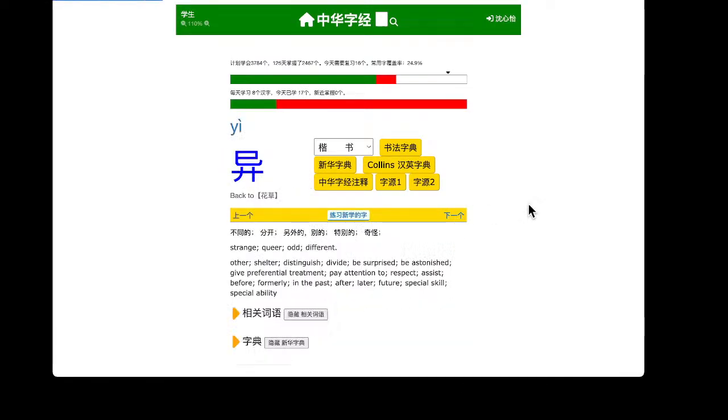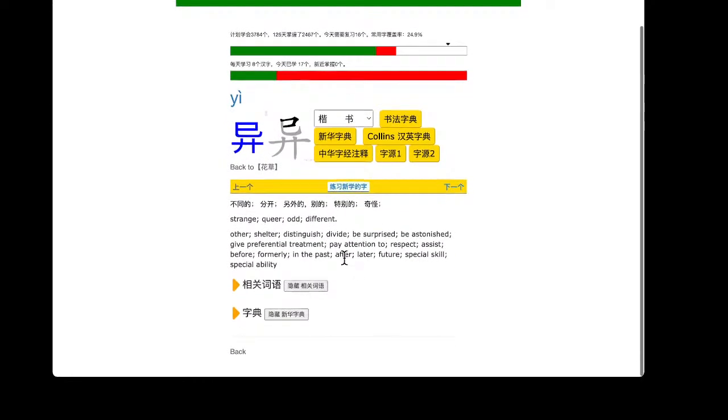Next one. 异. 异 means different, or strange, odd. It's basically not the same or not common. Let's take a look at that.